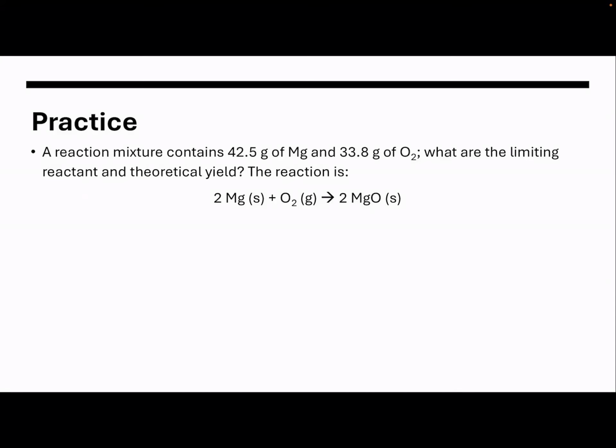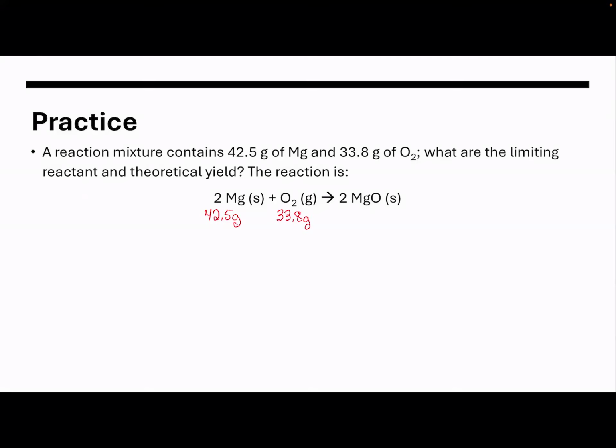The reaction we are studying takes 2 magnesium, reacts it with oxygen to form 2 magnesium oxides. Okay, when I look at this, I see I have 42.5 grams of magnesium. I have 33.8 grams of oxygen.